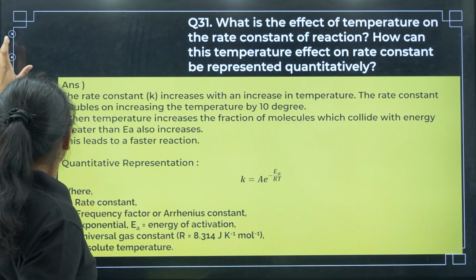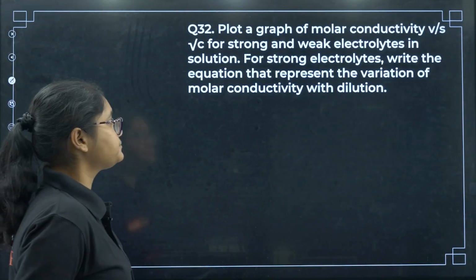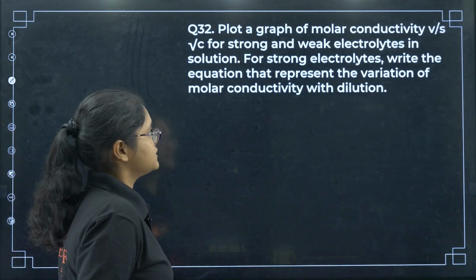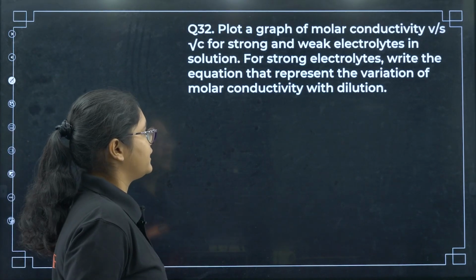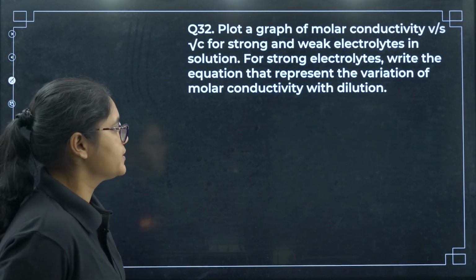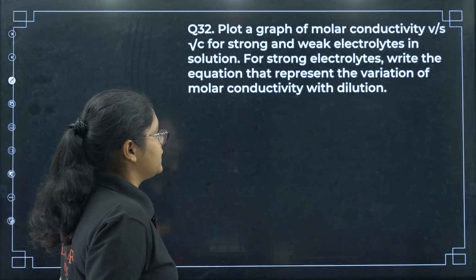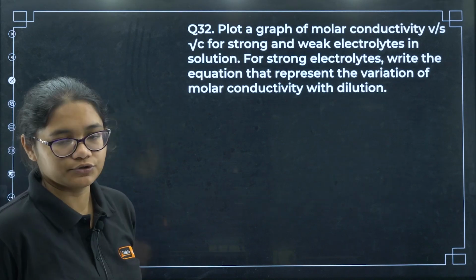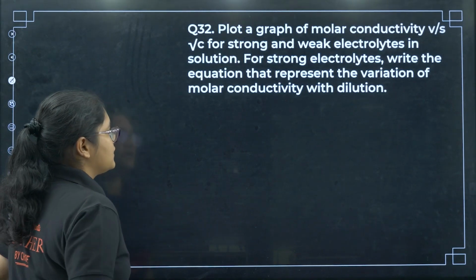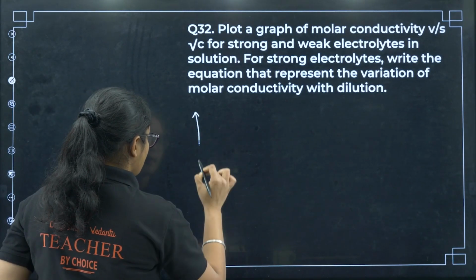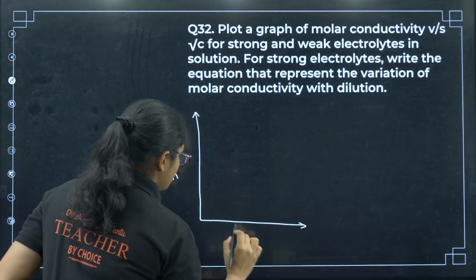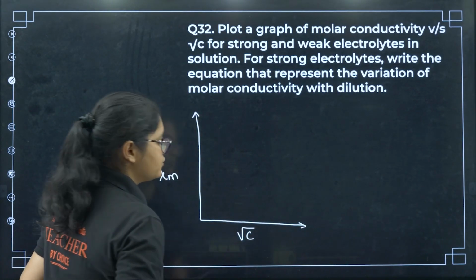Okay. Next, plot a graph of molar conductivity versus concentration for strong and weak electrolyte in the solution. For strong electrolytes, write the equation that represents the variation of molar conductivity with dilution. So here if you see, the graph is like this. Okay. So if I have molar conductivity on this side and root over of concentration on this side.